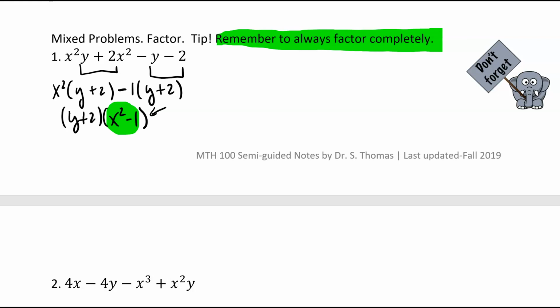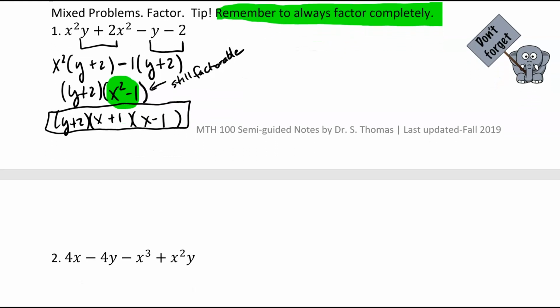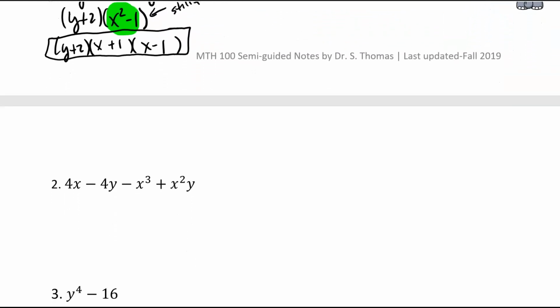So we have y plus 2, and we're going to break down x squared minus 1 into x plus 1 times x minus 1. And when you look back at all of these parentheses, nothing else is factorable. That's how you know you should move on.